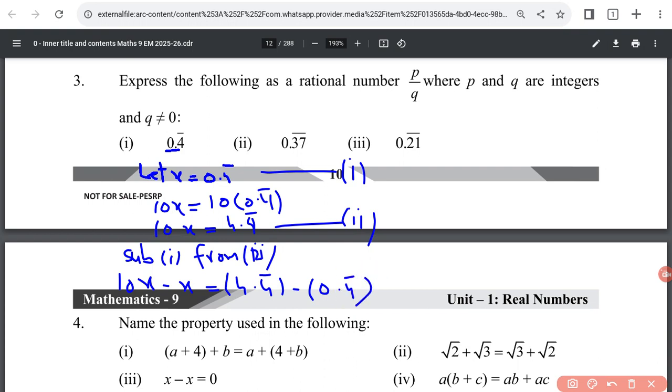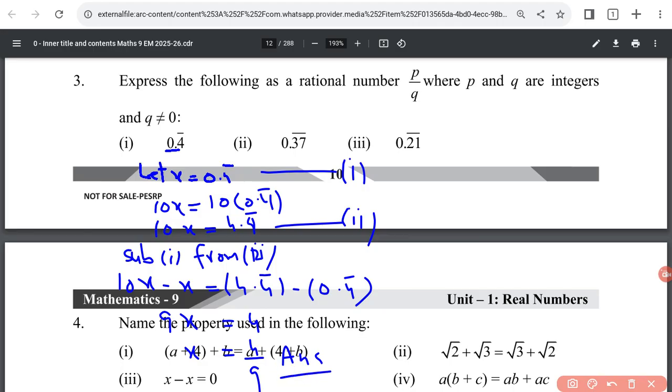So it will become 9x, and 4.4 minus 0.4, so our answer is 4. Then we move 9 to the other side, it will become 4 over 9. So that is the answer of our question.